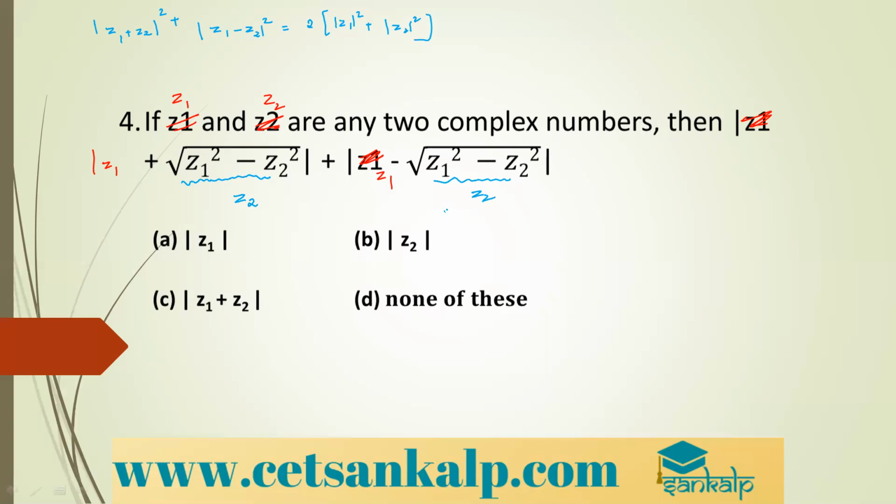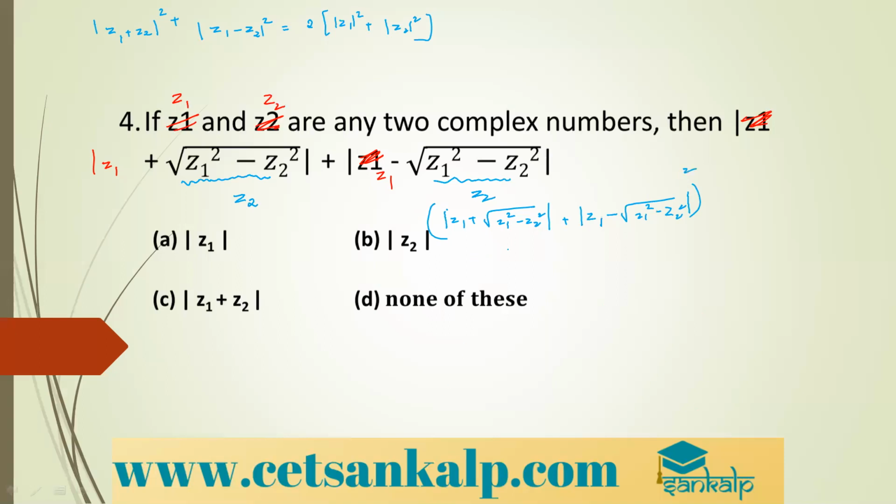That means I am taking Z1 plus square root of Z1 square minus Z2 square, this entire one, plus Z1 minus square root of Z1 square minus Z2 square. This entire one I am squaring it.